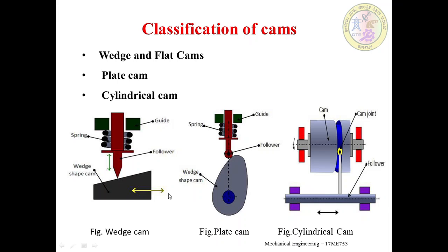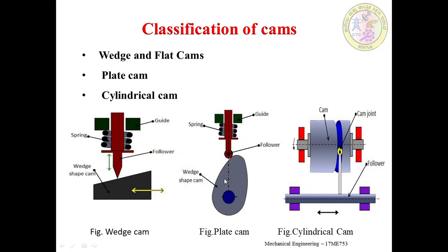And then the second type we'll take is the plate cam. In this type of cam, the follower moves in a radial direction from the center of rotation of the cam. They are also known as radial or disc cams.